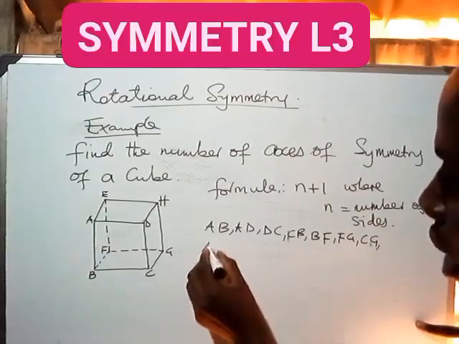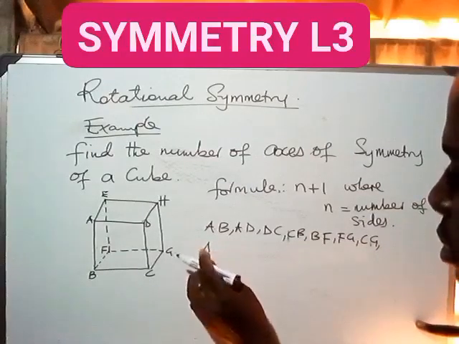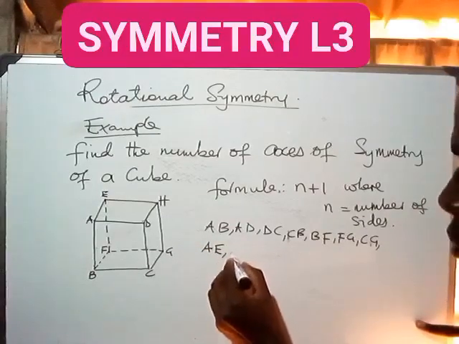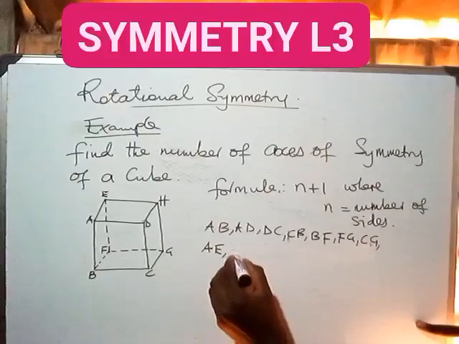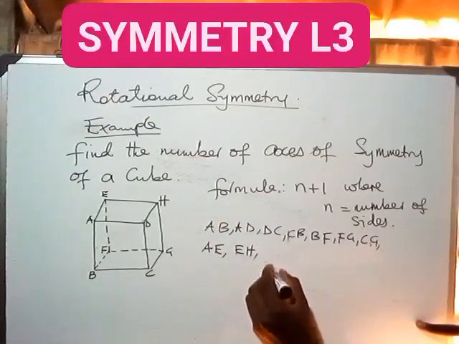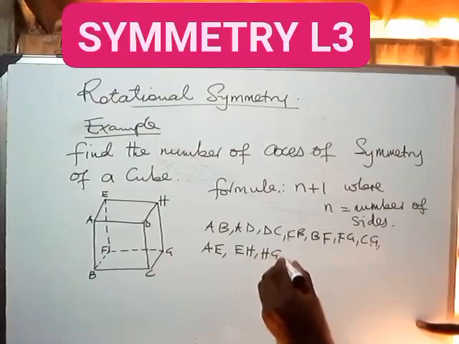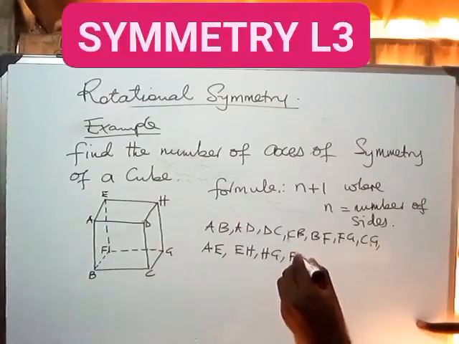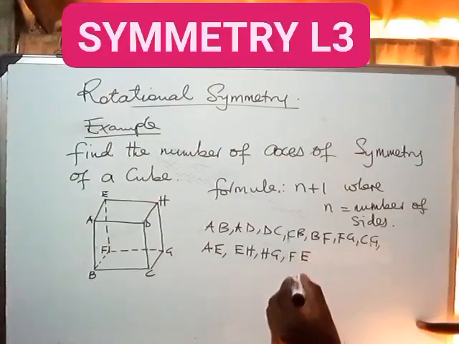what other sides do we have? We go to side AE, comma, side EH, comma, side HG, comma, side FE. Did we have FE?